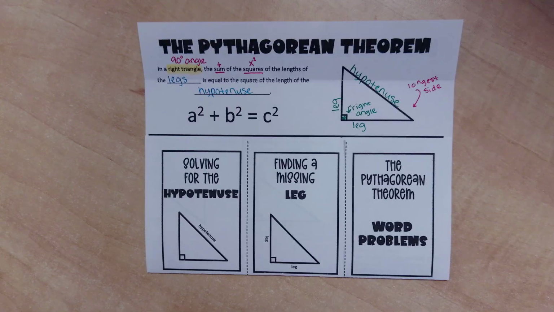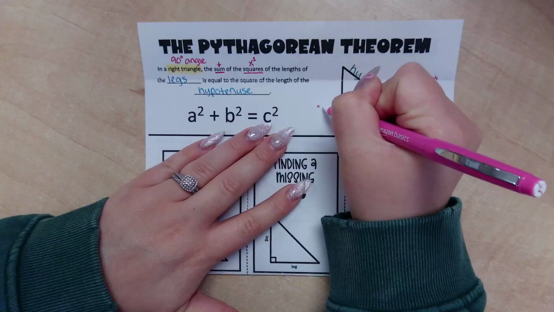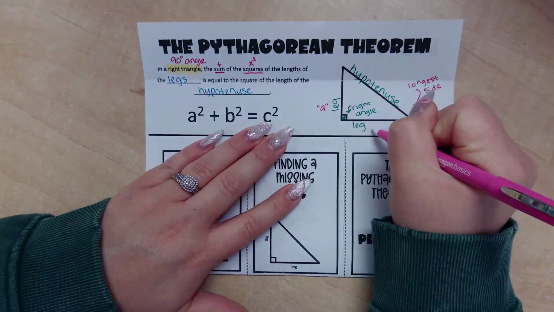Perfect. Now, with that comes the theorem. A squared plus b squared equals c squared. I need to reiterate that this only works for right triangles, and that is it. Notice I have a squared plus b squared. These two variables are referring to your legs, so if it makes more sense, I'd recommend putting in a and b.